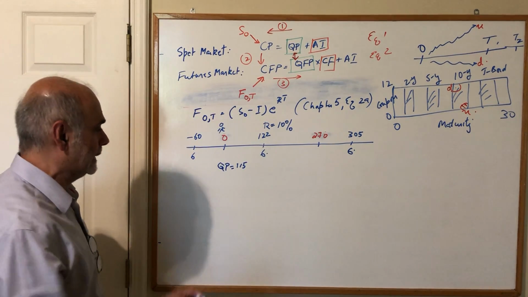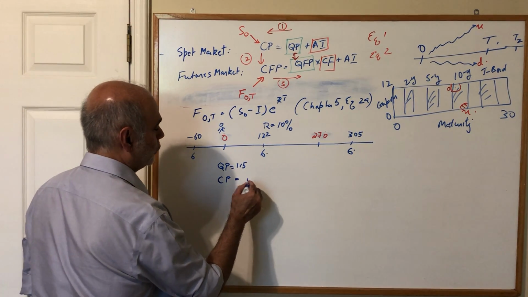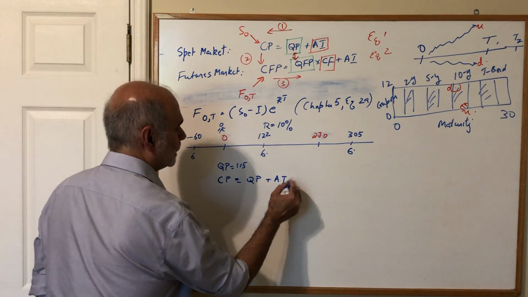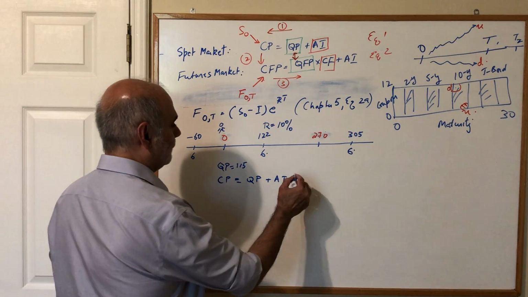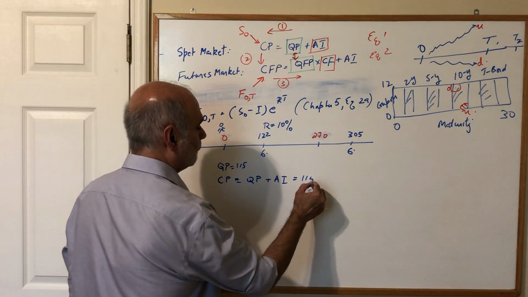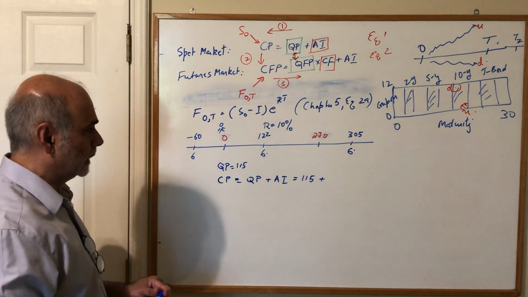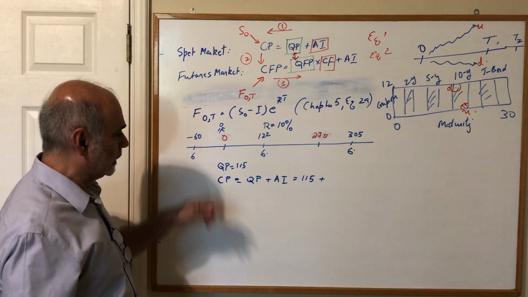The cash price is equal to the quoted price plus the accrued interest. What is the quoted price? It's given: 115. What is the accrued interest? Now notice I'm calculating this cash price at time 0.